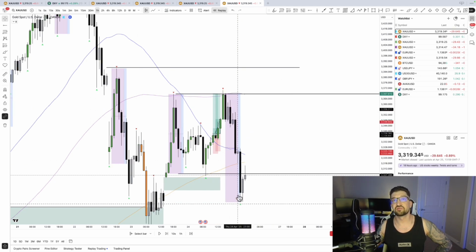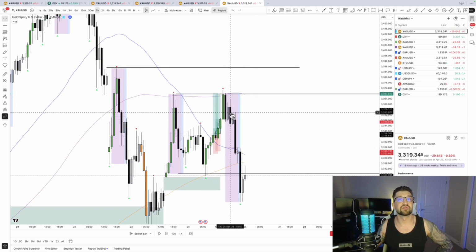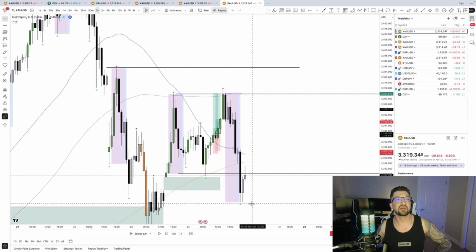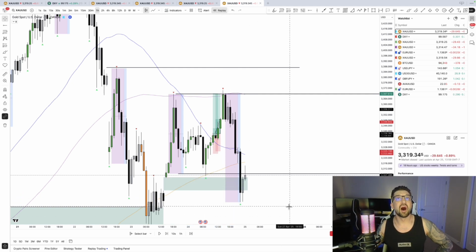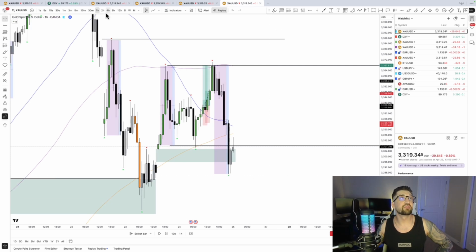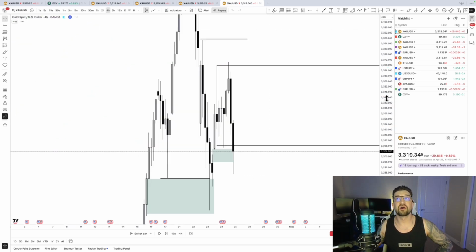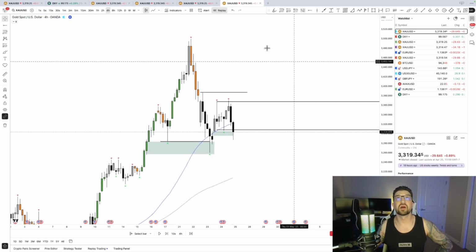Here, President Xi of China said something along the lines of there are no trade negotiations being made. And what do you know? We came back and filled the gap. At this point, what I see going on is we're getting a correction.